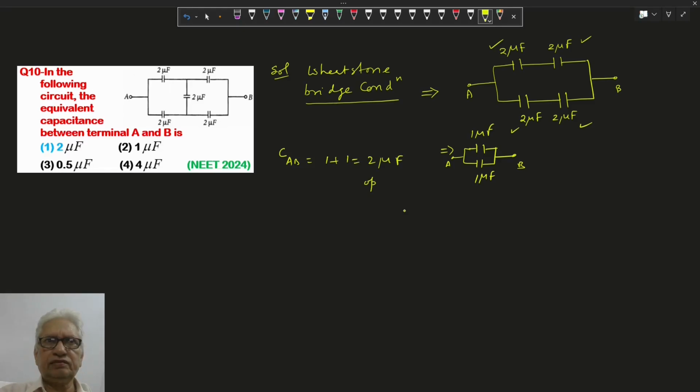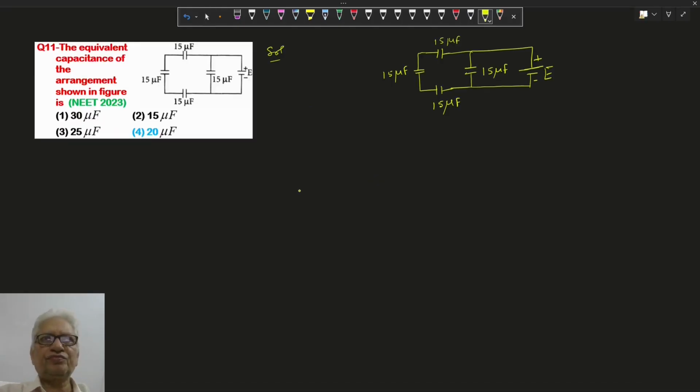Option 1 is correct. In this question, here we have drawn 15 and this 15 and this 15, all are in series. So the circuit is modified like this.